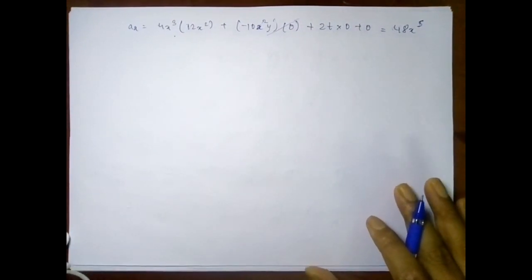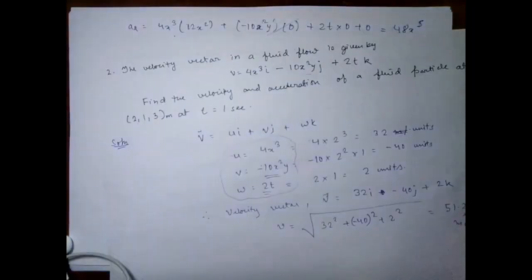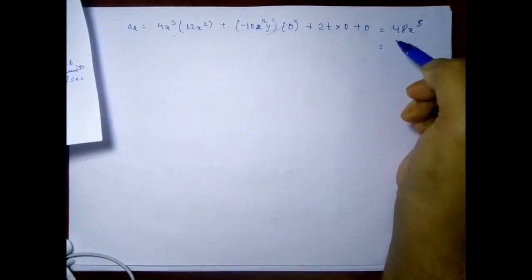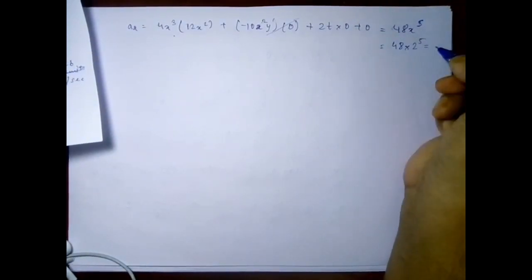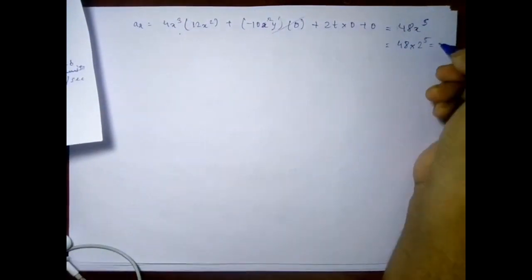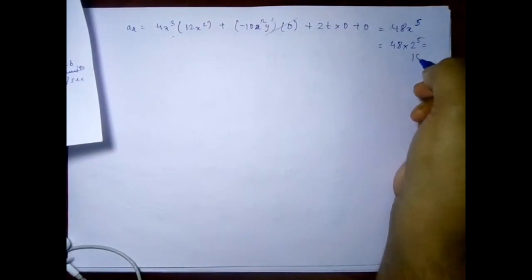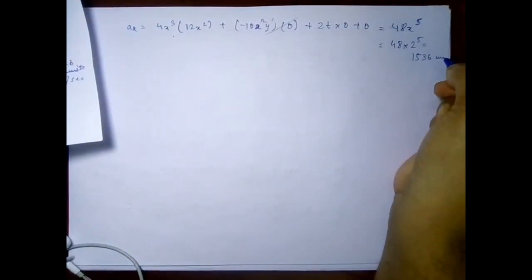So x is given as equal to 2, so it will be 48 times 2 to the power 5, and it is equal to 1536 units.